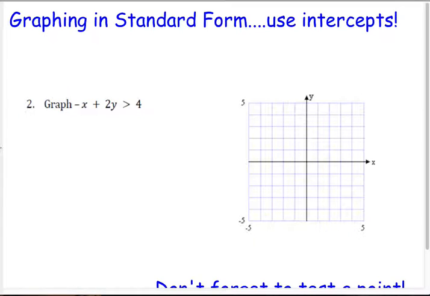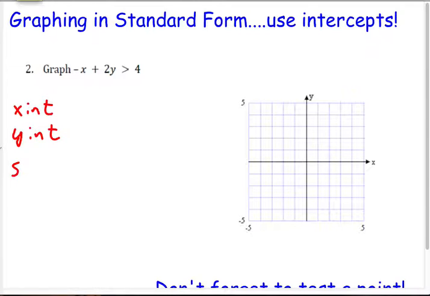Here's another one. You should probably hit pause and try it yourself, and then I'll show you the way I would do it. Okay. They want us to find the x-intercept, y-intercept, and the slope. The easiest way to find the x-intercept is to plug in 0 for y. So negative x plus 2 times 0 equals 4.